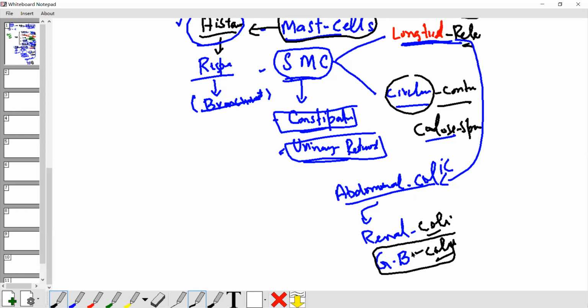For example, if the gallbladder has a stone inside and you give this drug, the sphincter contracts. So in this gallbladder colicky pain, bile accumulates, the gallbladder becomes distended, and it can rupture because the sphincter is closed.